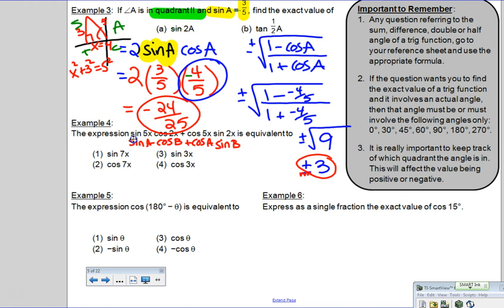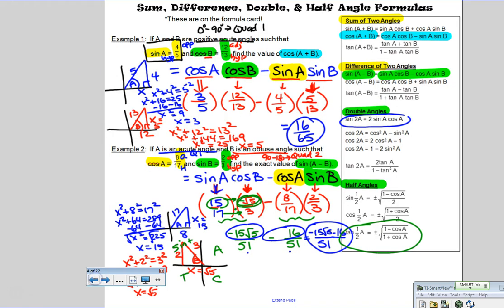So sine of an angle, cosine of the other angle, plus cosine of the first angle, sine of the second angle. So going to our front, sine cosine plus cosine sine. So it's really this formula expanded out, the sine of A plus B.